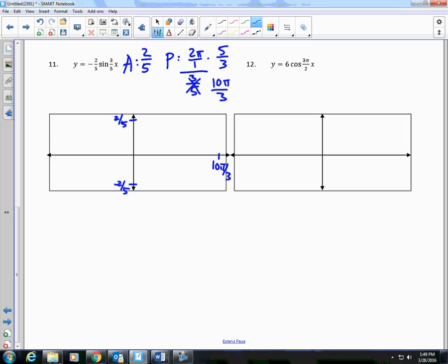Okay, so I have to take half of 10 pi over 3. So that will make 5 pi over 3, right? So half is 5 pi over 3. What's half of 5 pi over 3? 5 pi over 6.